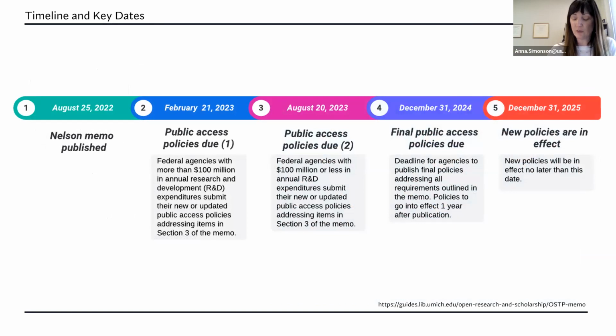So just to give you a little bit of background, in the US, there's actually been a recent surge in interest in ORCID, which is why we're doing this today. In August of 2022, the White House Office of Science and Technology Policy released the Nelson Memo. That's the nickname for it.